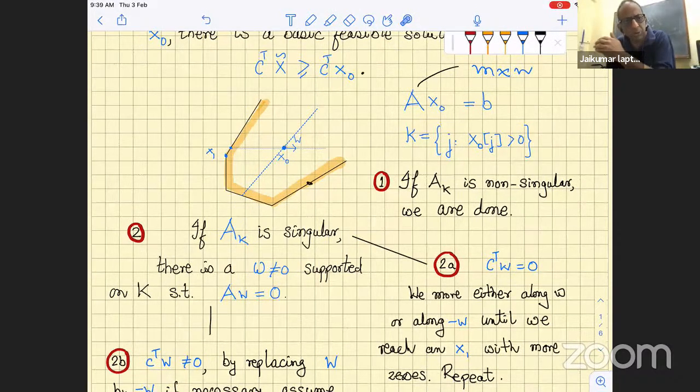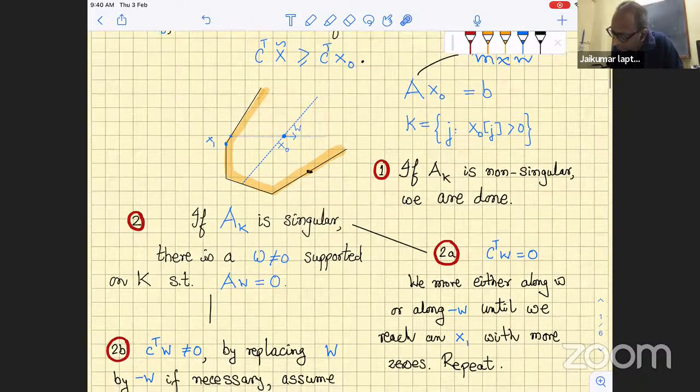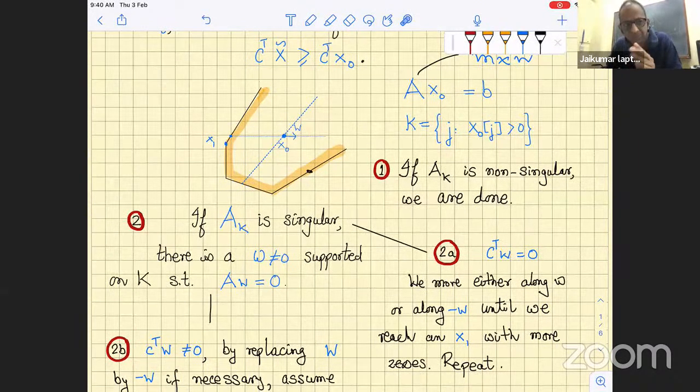Whether you move in the positive direction or the negative direction, no matter which direction, because W is orthogonal to the objective function vector C, the objective function doesn't change if you perturb x0 by W in either direction.